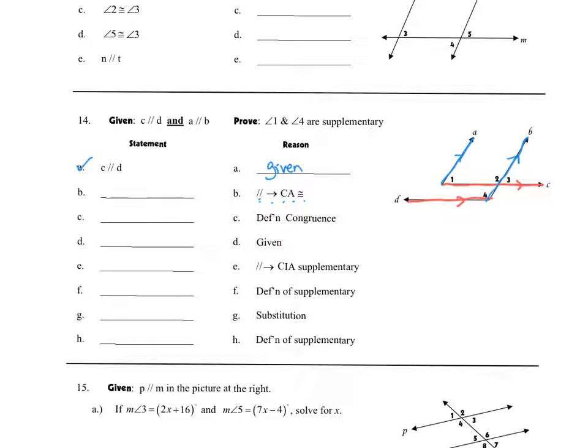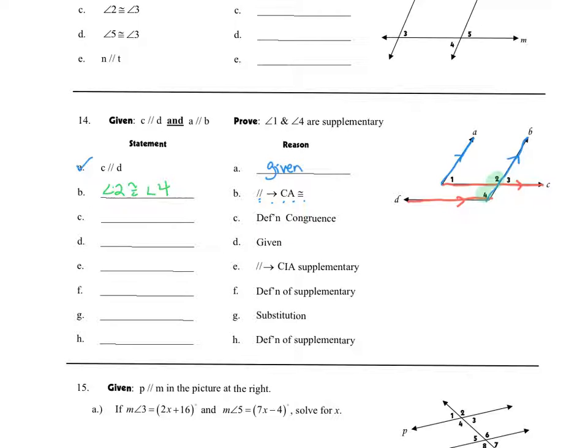So if we look for a set of corresponding angles, we can see that we have an angle here and an angle here, that if line C is parallel to line D, angle 2 and angle 4 would have to be corresponding angles. And so we're going to fill that in as our statement, that angle 2 would be congruent to angle 4, and that's because those lines were given as parallel, and therefore the corresponding angles are congruent.